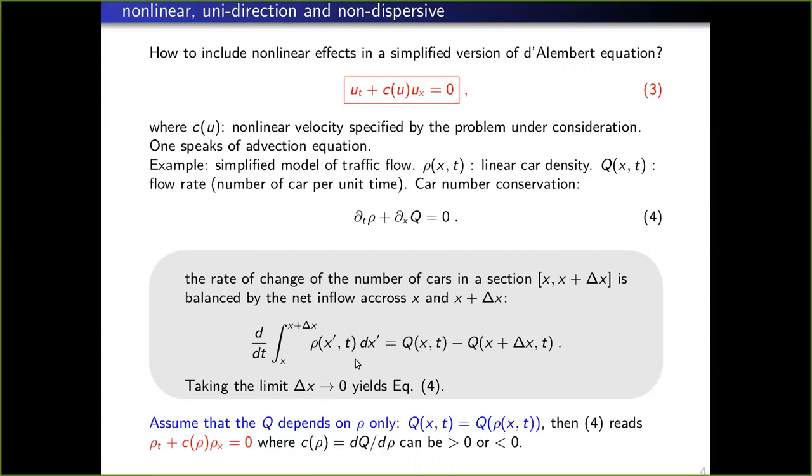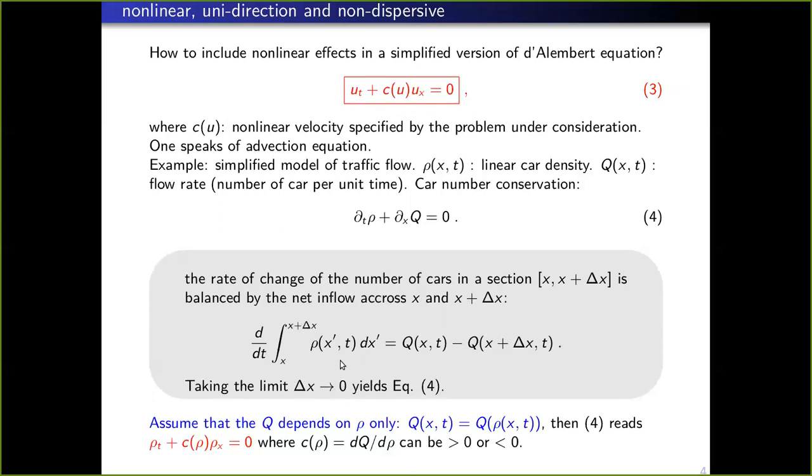So if the number of cars changes, this is because there is a net flux in the segment. So it's because, for instance, this is the number of cars entering at x, and these are the number of cars leaving at x plus dx. So if these two quantities are not equal, they don't balance, and indeed, the number of cars in the segment changes. So one has this identity there, and take the limit where delta x goes to 0.